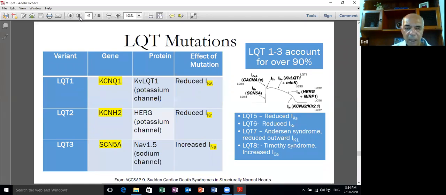Long QT2 is due to loss of function of the IKr. Also, all drug-induced QT prolongation is due to inhibition of IKr. There is no drug that can inhibit IKs. There was one, but it's no longer used at all. So IKr is responsible for long QT2.